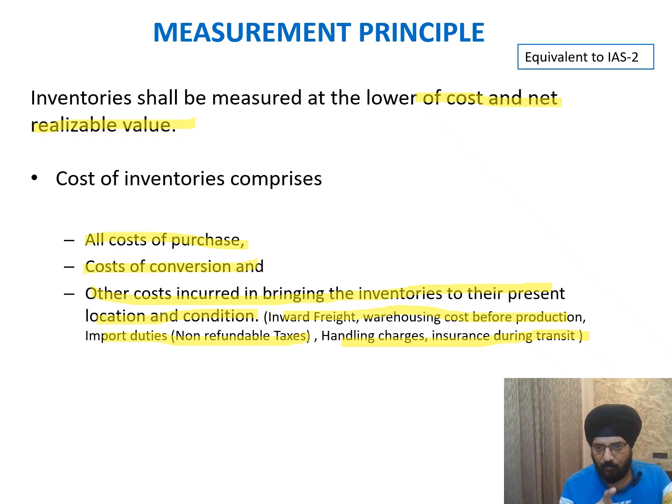We'll speak about this more in our subsequent slide. The taxes that we are paying to the government, to the extent of the non-refundable taxes, and handling charges for insurance, all these are included as part of my cost of the inventory. We'll have more detailed discussion on these topics as we move forward along with the examples.